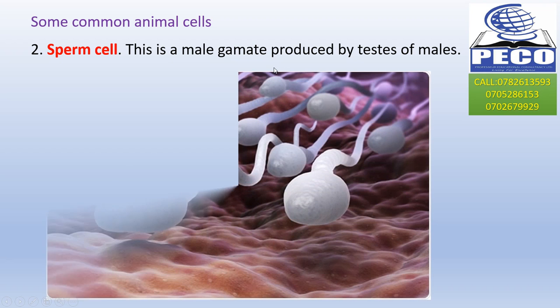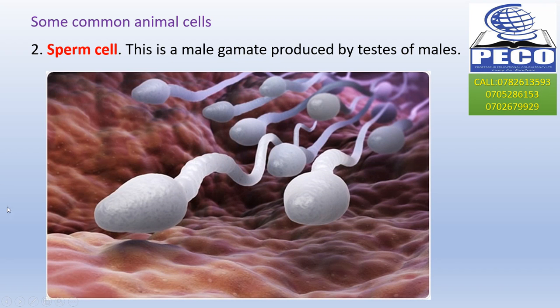Okay, and that's how they look. They have a big head, and in front here they are sharp as if it is a spear. And then somewhere there they have the middle piece and the neck, and then a tail behind. So they move in that wave-like structure.